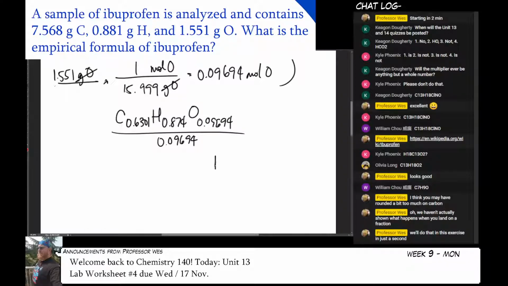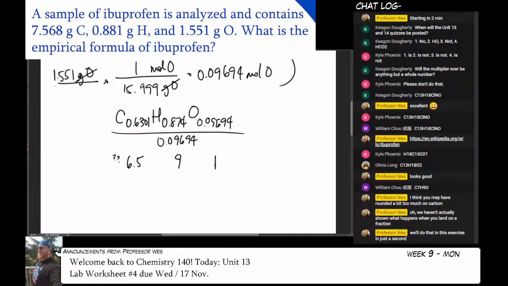When I do hydrogen, I get 9.015. That's close enough to 9, right? But when I do carbon, I get 6.4999, right? What the heck?